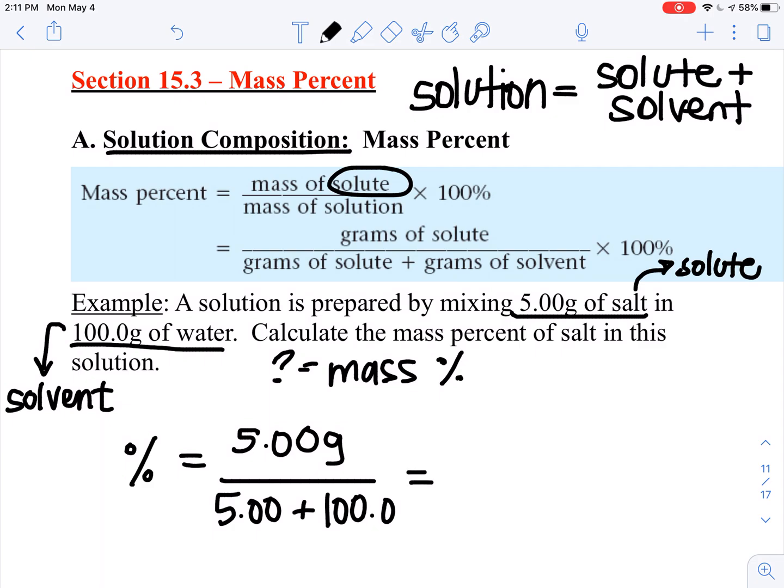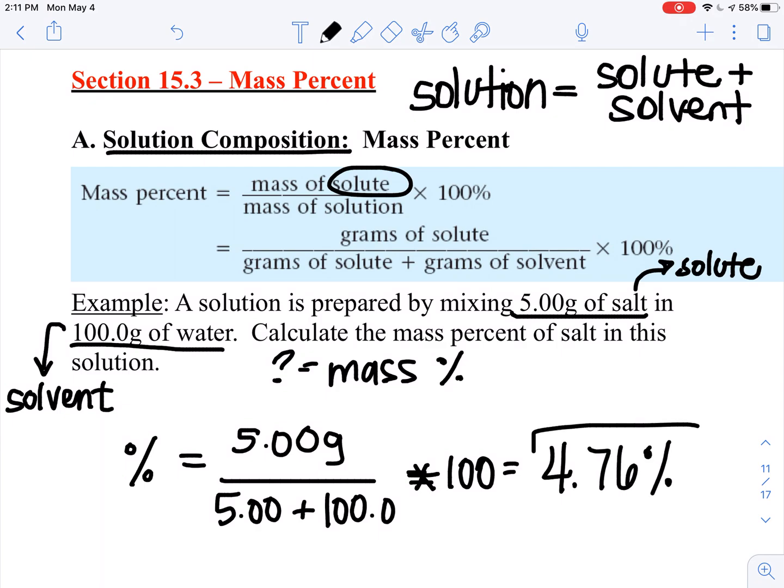And when you plug that into a calculator, oh, sorry, you also have to multiply by 100 because it is a percentage. So when you plug that into a calculator, you get 4.76%. So that is the concentration of salt in my water.